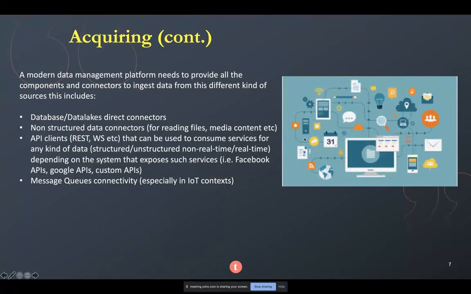And I think that most of you have probably already heard about Kafka. Kafka, for example, is a queue that can be used for storing high-velocity data coming from sensors. And on top of these queues, different technologies and protocols have been built, like MQTT, for example, which is used for IoT contexts.